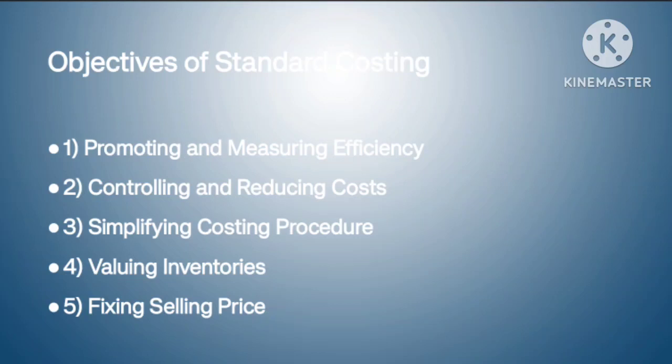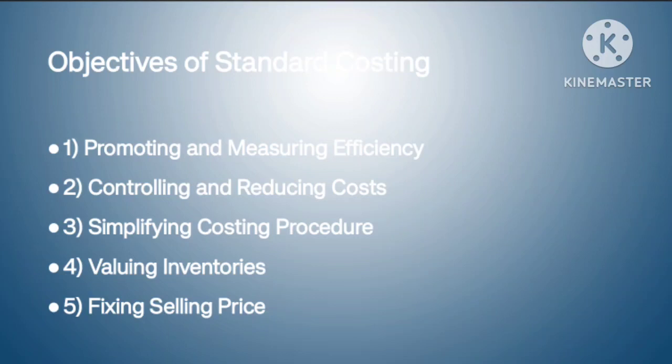If the actual cost happens to be less than the standard cost, it indicates efficiency and competency. On the other hand, if the actual cost happens to be more than the standard cost, it is indicative of inefficiency and incompetency. Second one is controlling and reducing cost.